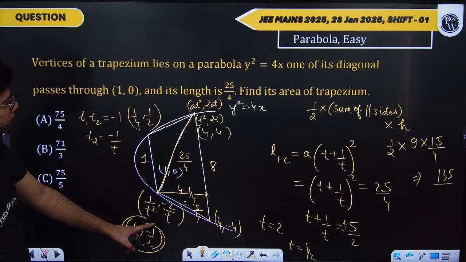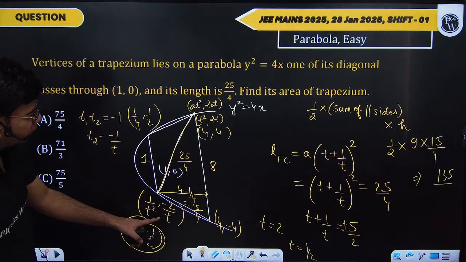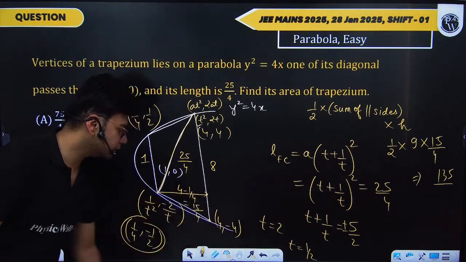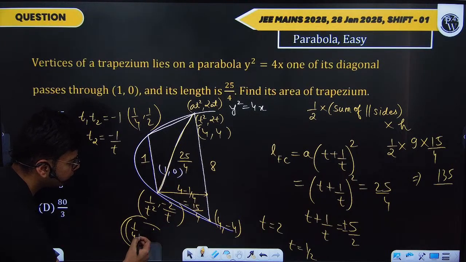This will be minus 2 by t. T was coming out as 2. T was 2. That's why minus 2 by 2. So this point is (1/4, -1).